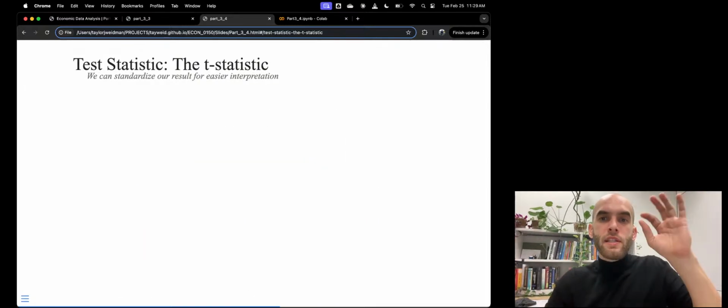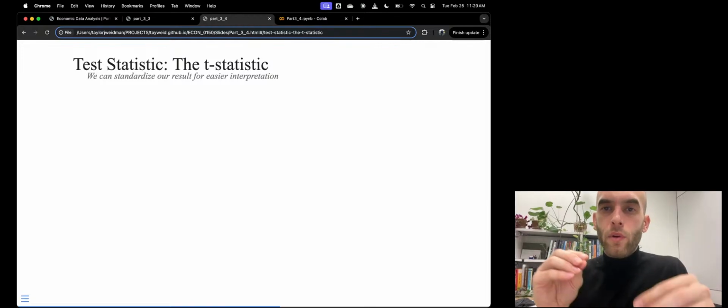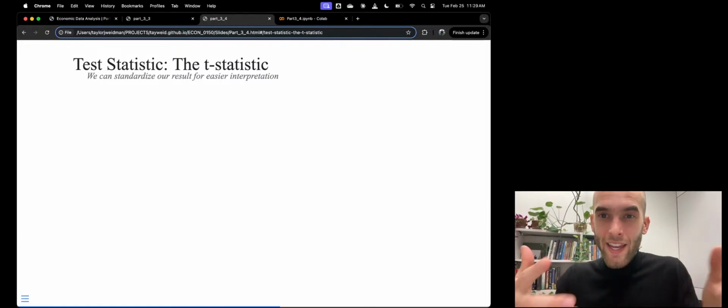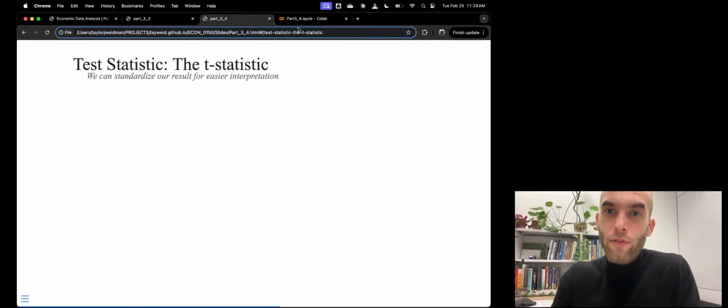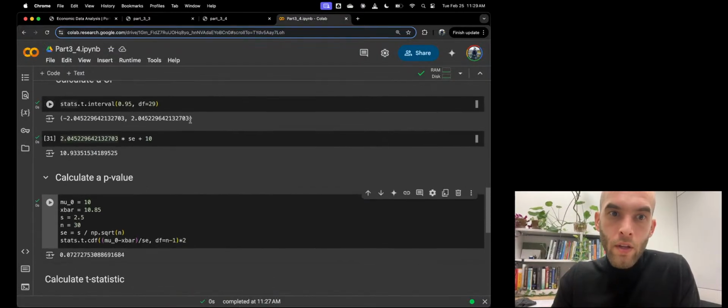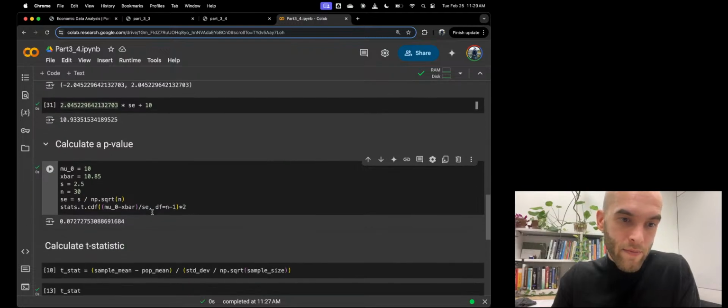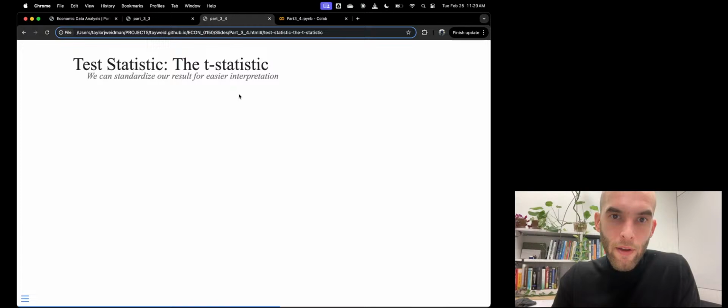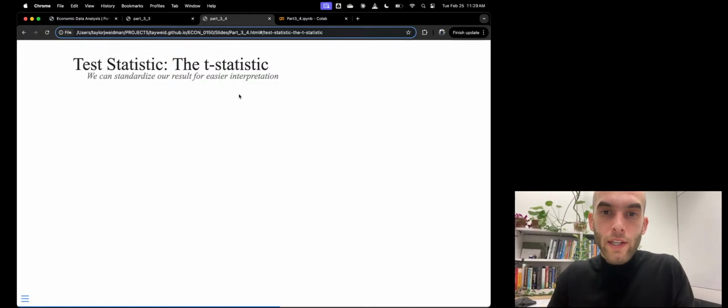Okay, so this is how we construct a p-value. We don't have to check any tables. We have nice code that runs these things, so that's nice. We get this without ever having to check a table.